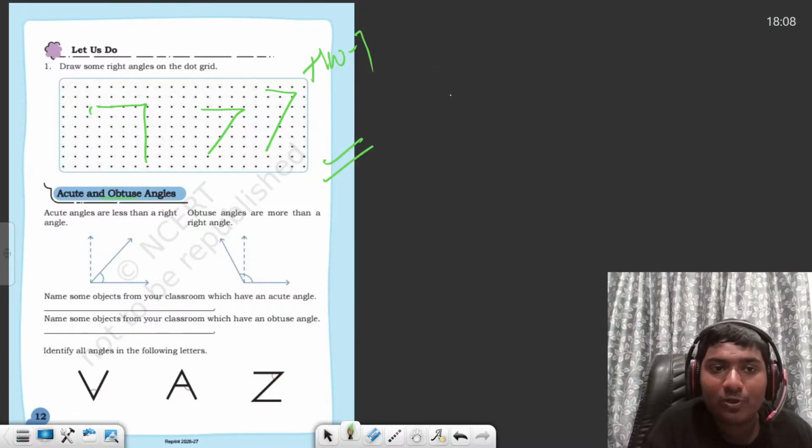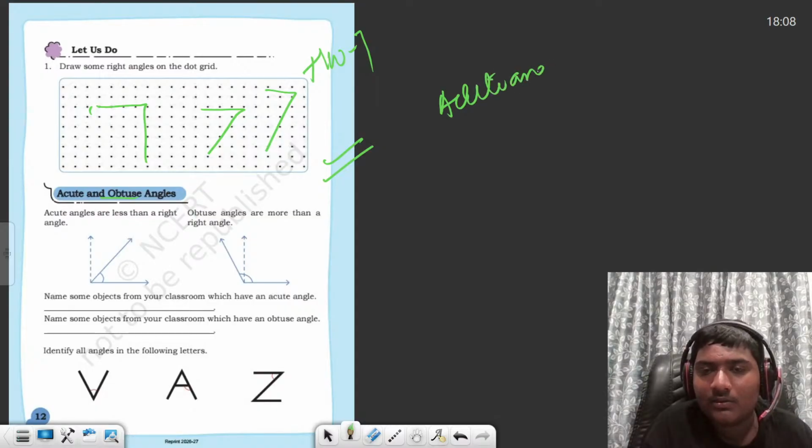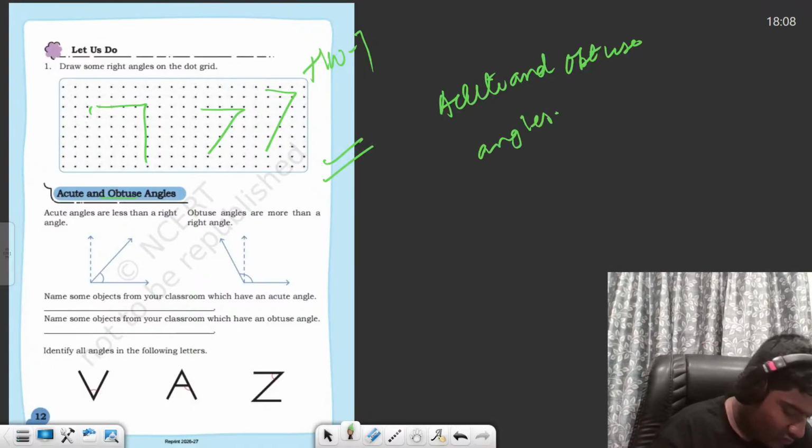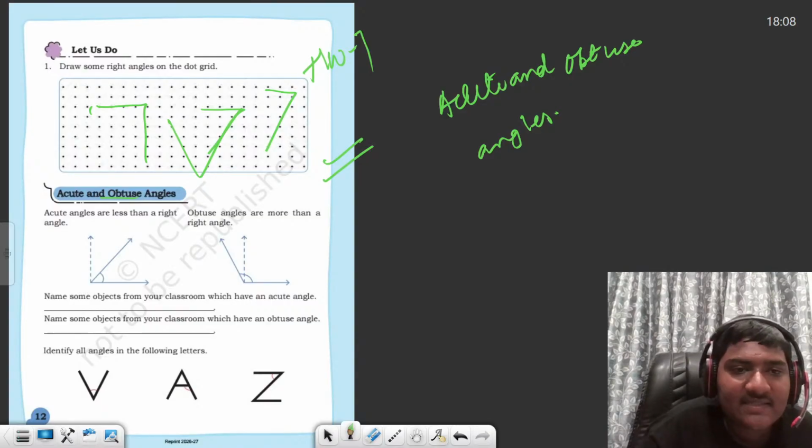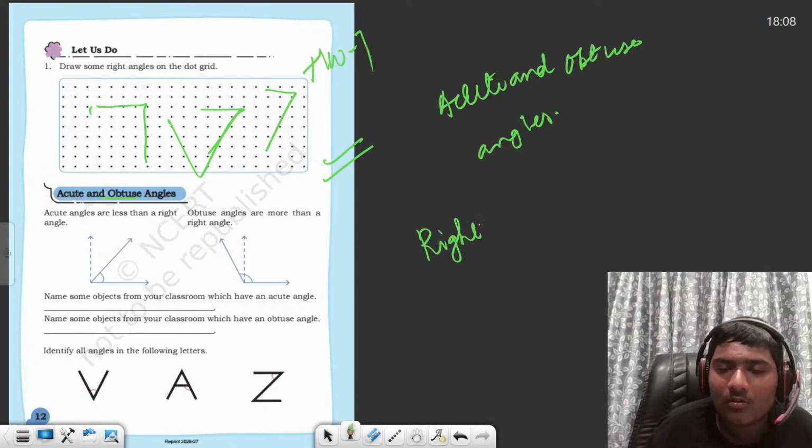Acute and obtuse angles. Which angles? Acute and obtuse angles. So let us know what are they, how do they perform. So this can be written in such a way. Acute angles are less than right angle. Then what is meant by right angle?